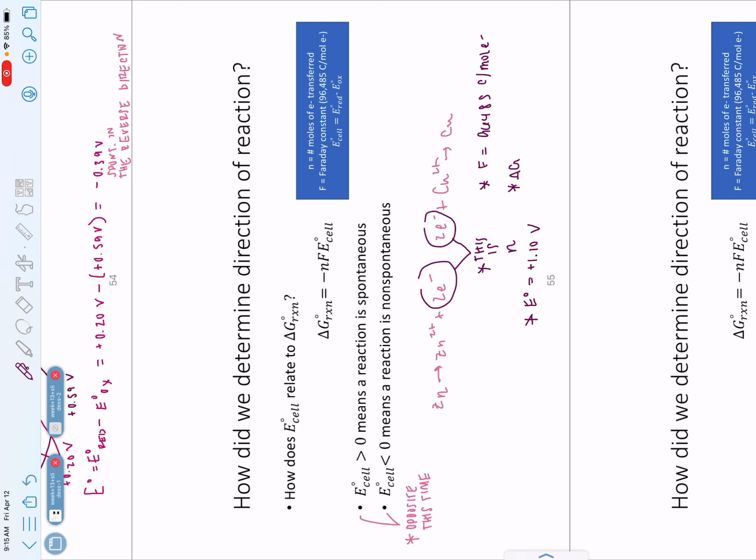Positive, and I gotta keep the sign, it's important, 1.10 volts. Remembering that a volt is a joule per coulomb. This is what makes my units work out. Because in the end, I have to have units of energy. Right? I have to end up in joules in some way. So my moles of electrons cancel here, my coulombs go away here, and I'm left with joules.